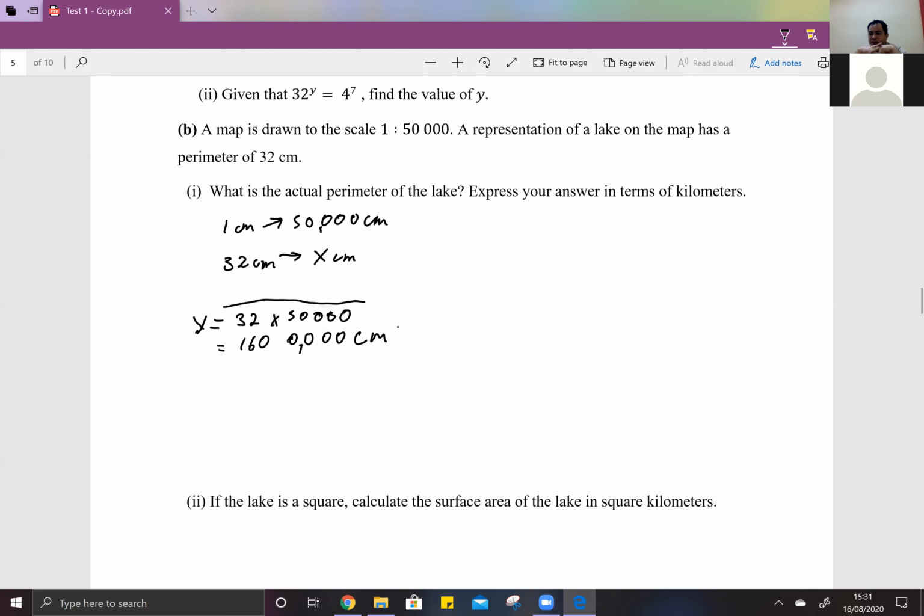It says express your answer in terms of kilometers, so we have to change this into kilometers.